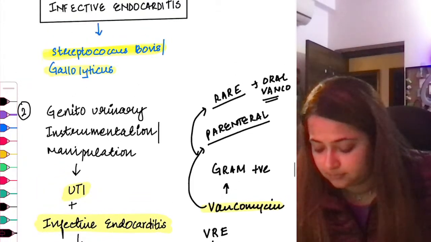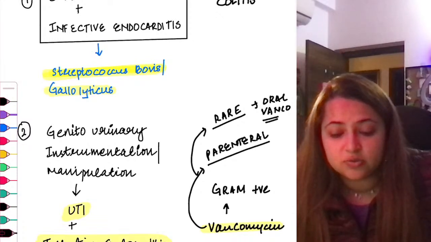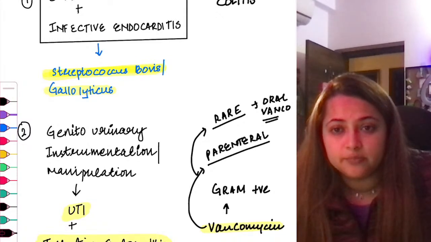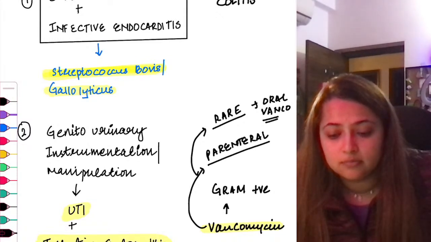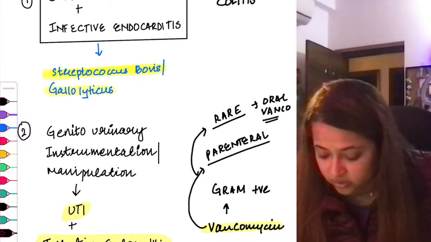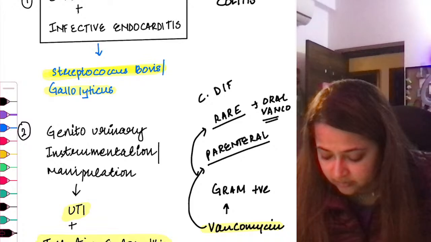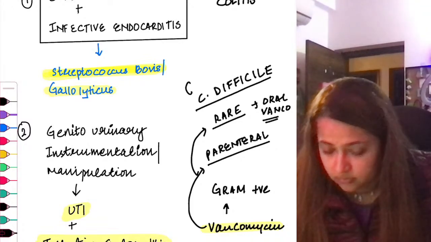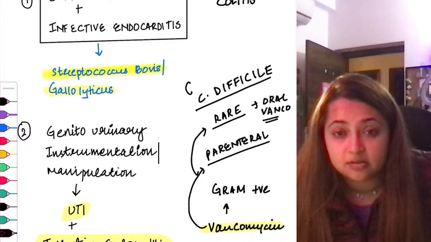Anyone? Exactly, Harita, you gave the right answer. The answer to this question is Clostridium difficile infection. If this is not given in the options, you could also be given pseudomembranous colitis.